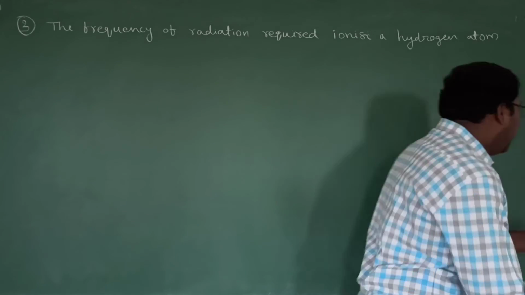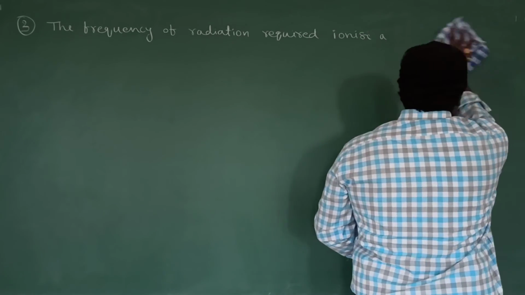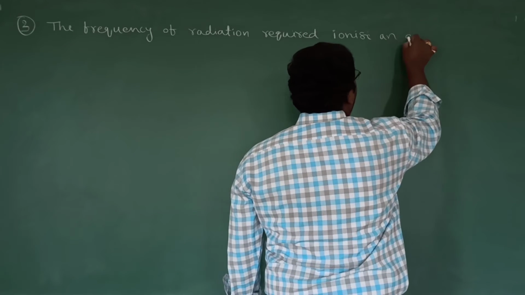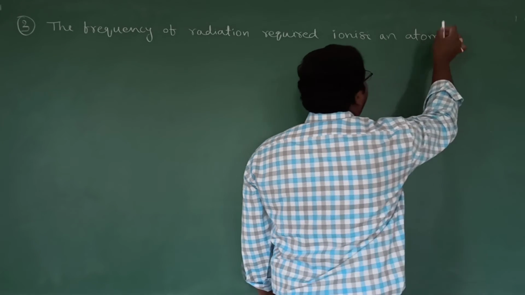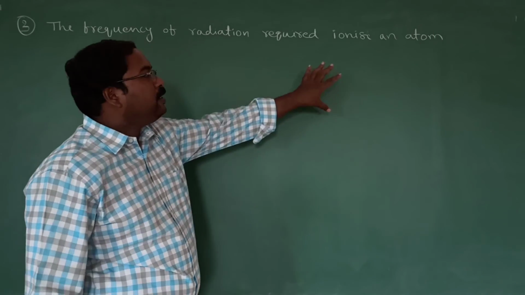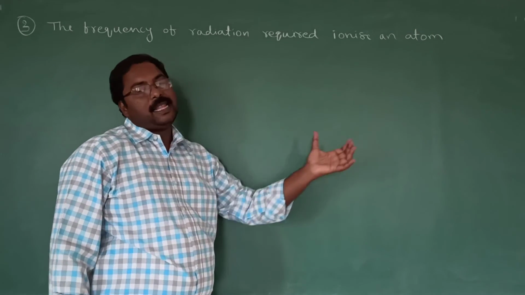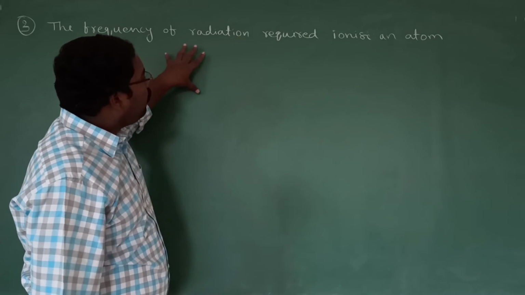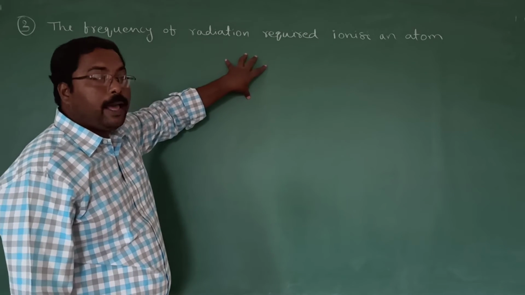Here, not only a hydrogen atom, let us take any atom, because somebody may think in case of hydrogen atom this formula, in case of other atoms another formula, like that you may think. So you may already have an idea about ionize.